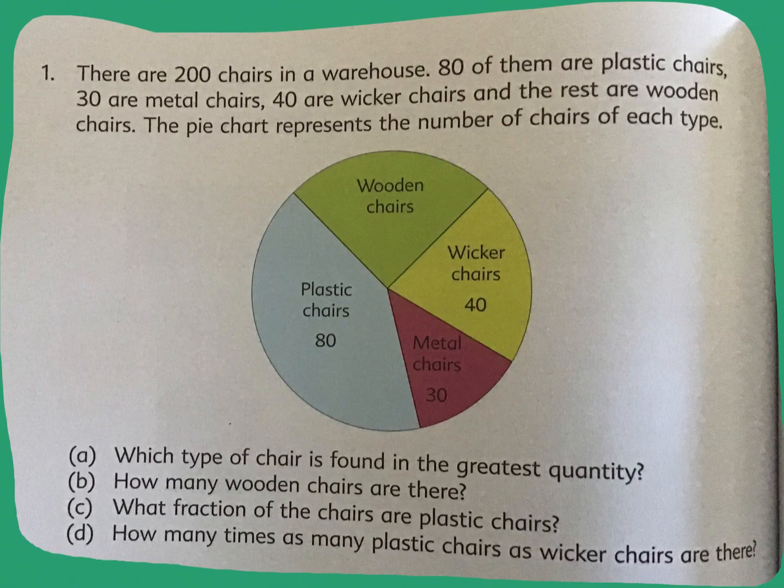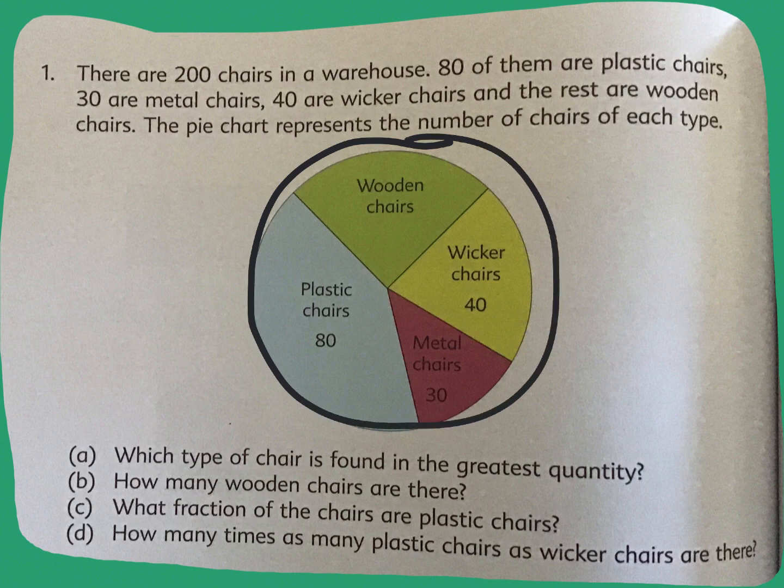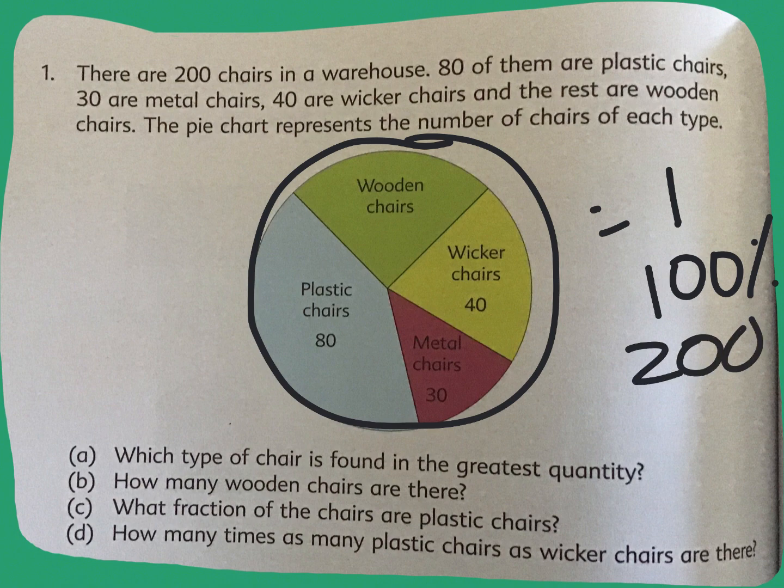Let's look at this one. There are 200 chairs in a warehouse. 80 of them are plastic chairs, 30 are metal chairs, 40 are wicker chairs, and the rest are wooden chairs. The pie chart represents the number of chairs of each type. So this whole equals 1, or 100%, or 200, because there were 200 chairs total.